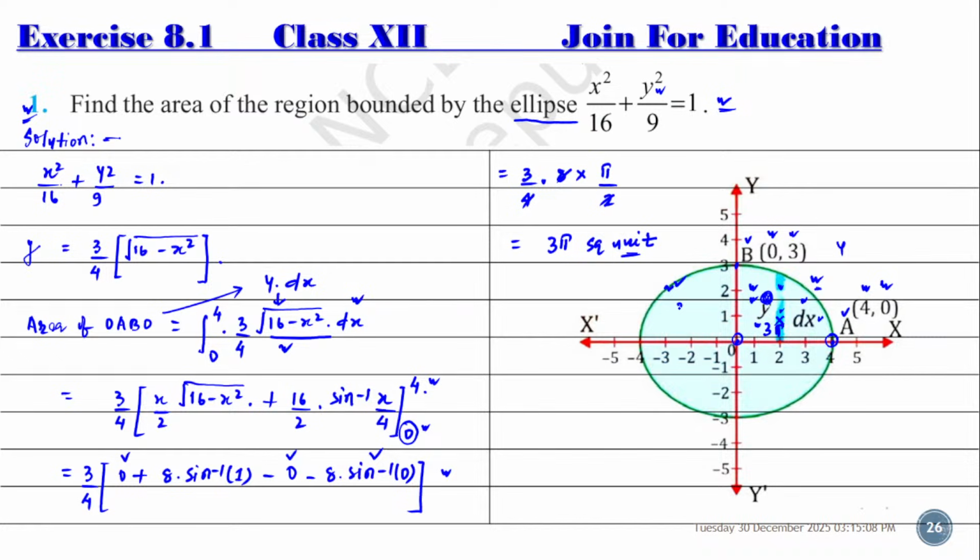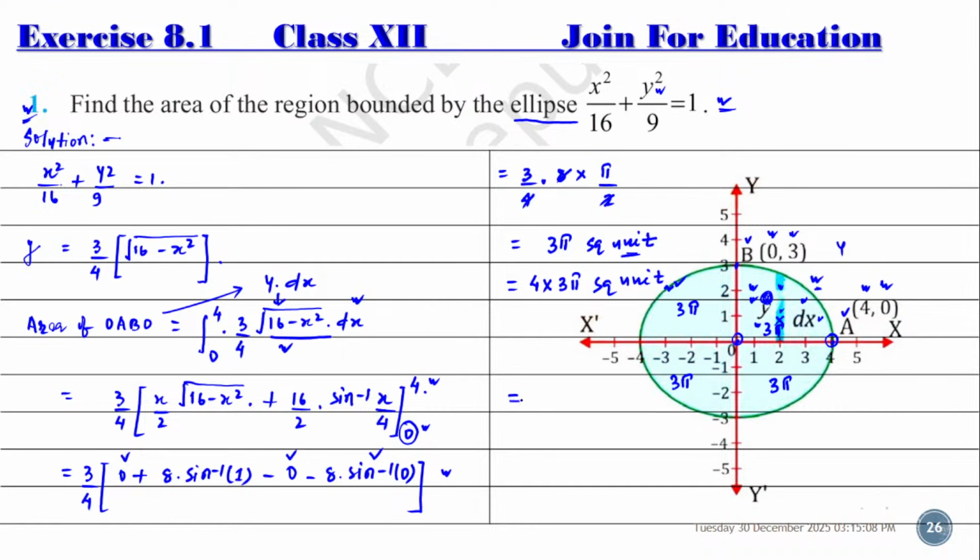The area of this part will also be 3 pi. The area of this part will also be 3 pi. The area of this part will also be 3 pi. So the area of the region bounded by the ellipse equal to 4 into 3 pi square unit.